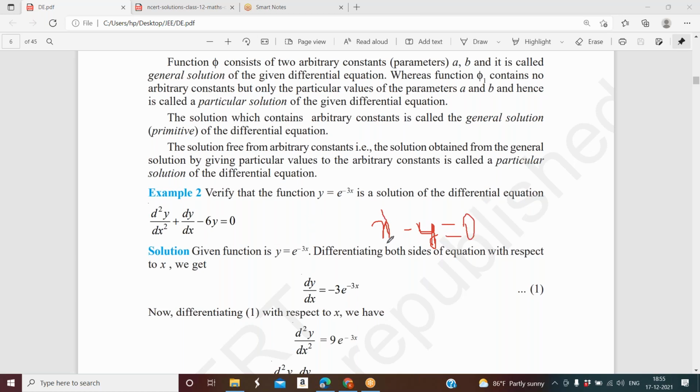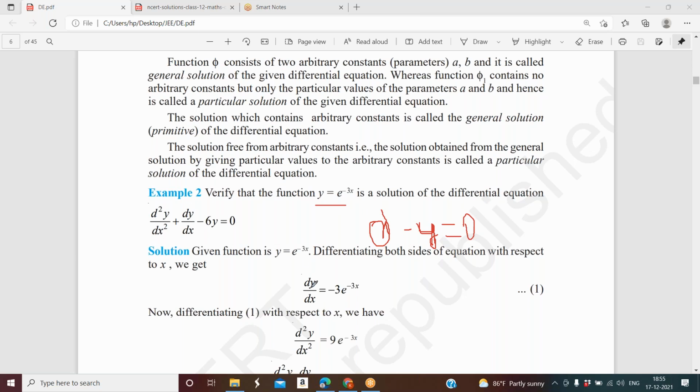Then which value will satisfy it? For x, I can give 4. If x equal to 4, then 4 minus 4 becomes 0. So 4 is satisfying, which means 4 is the solution, right? Similarly, y equal to e power minus 3x is the solution if it satisfies the differential equation.